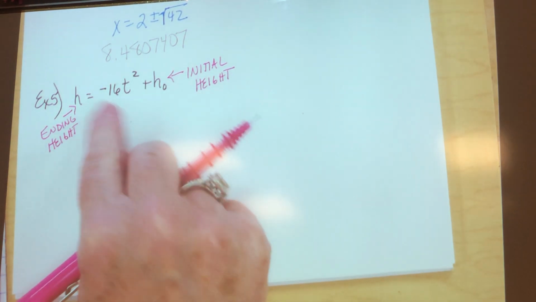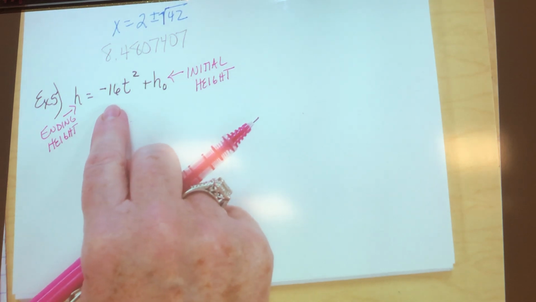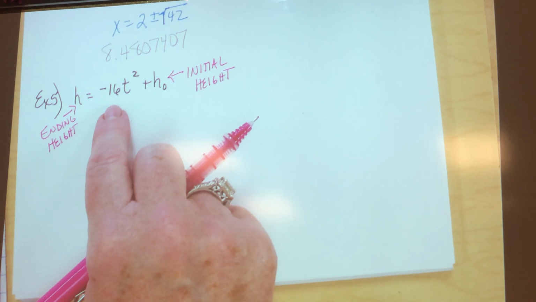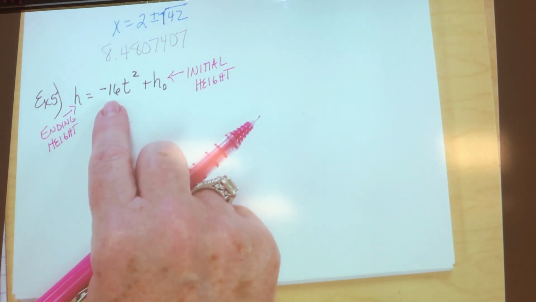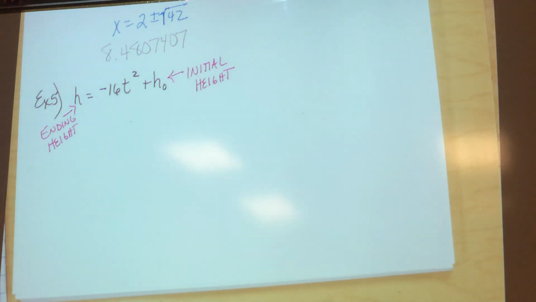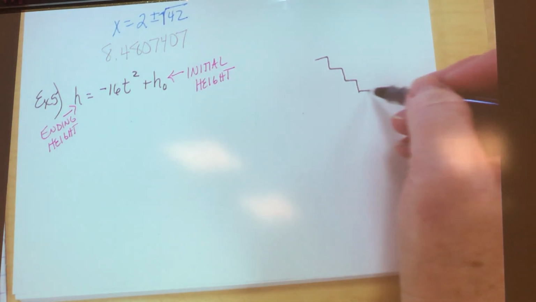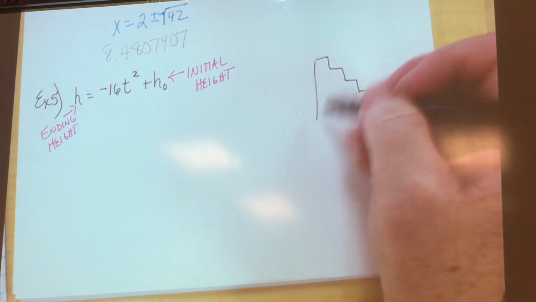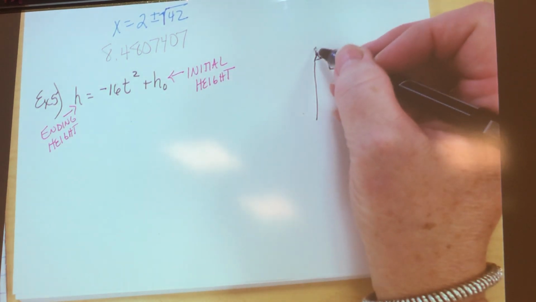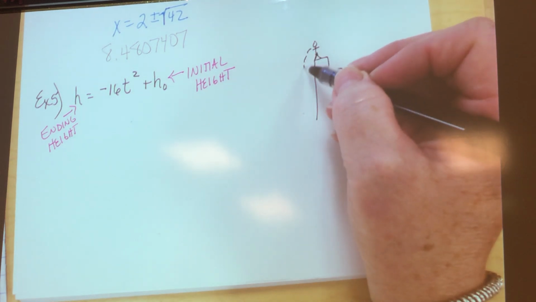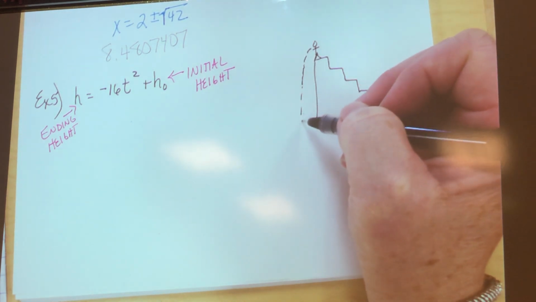Okay, this negative 16 has to do with gravity, and that's physics. I'm not a physics teacher, so I'm not going to really talk about it. I gave you the formula, so that's what it has to do with. All right, so do y'all remember, have y'all done an egg drop before in science class, where you stood up here at the top of the bleachers, right, and you dropped an egg down to the ground?